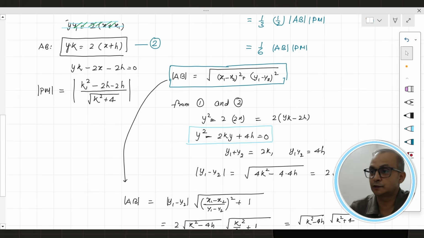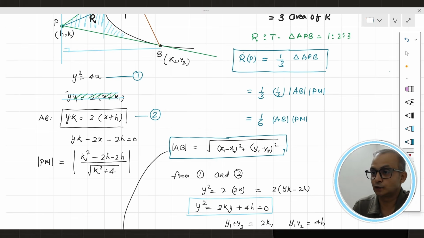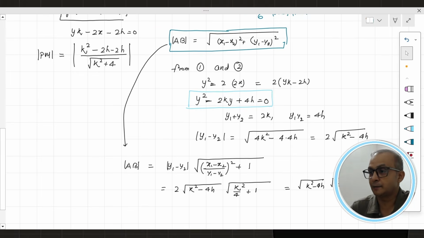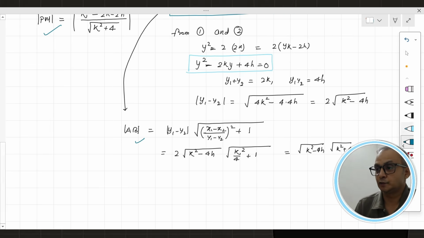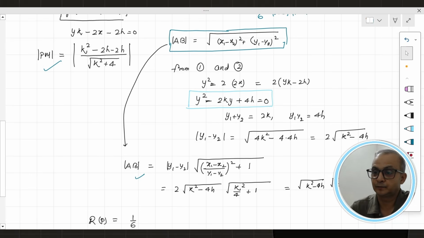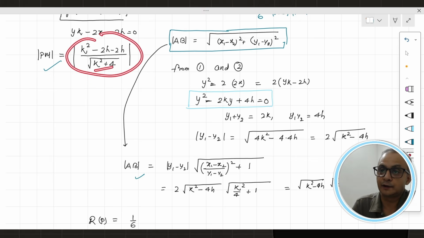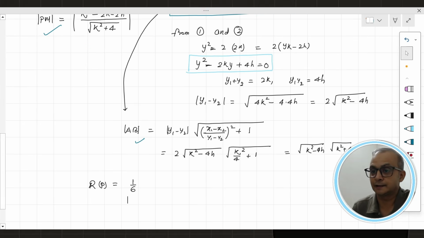So let's substitute these two things in this area. So area is AB into PM. I have already marked this PM here, and this is AB here. So area is going to be what? The area, what is the area? R of P is going to be 1/6 of this quantity. This quantity is also, notice, k square minus 4h divided by root over k square plus 4. So I'm writing this thing.